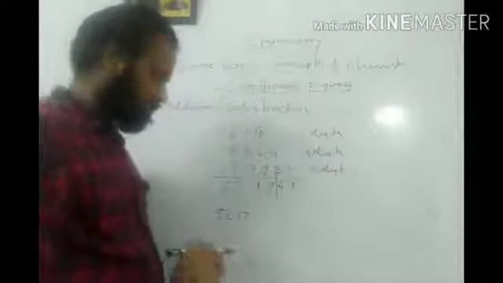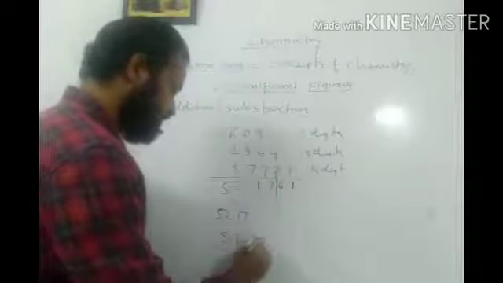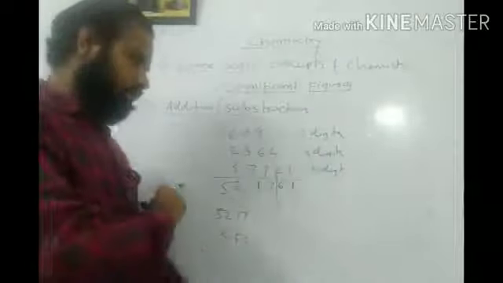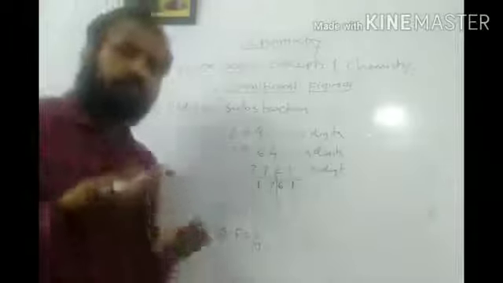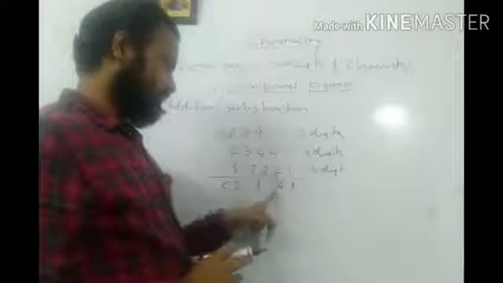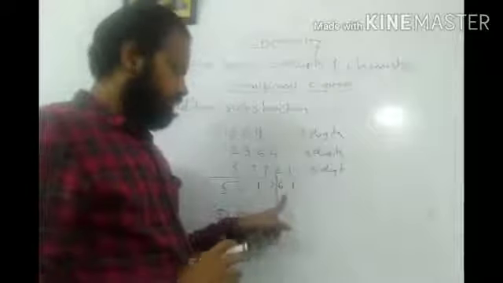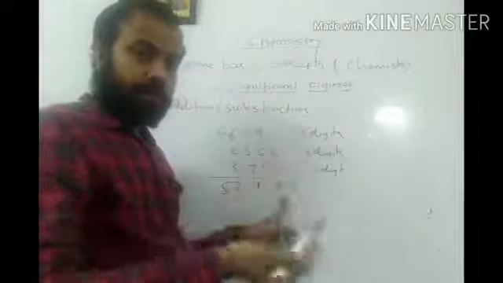So the significant figures for this are 4. Now here we also have to consider the principle of rounding off. We have restricted our answer up to this 7, but after this 7, the next digit is 6, which is greater than 5.